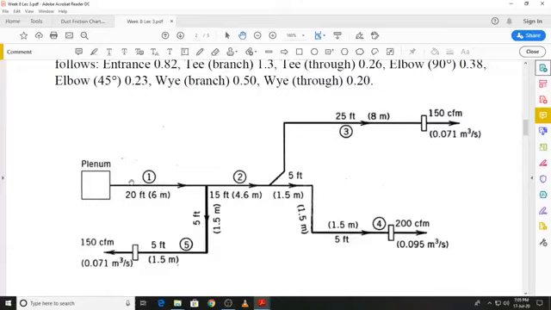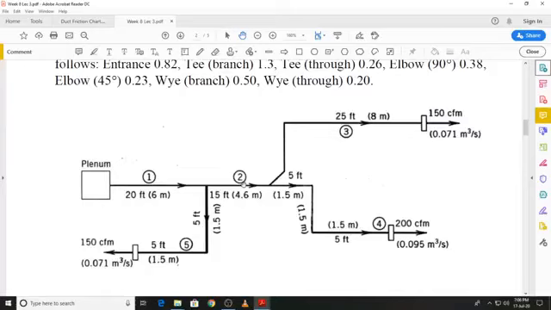For example, if you move to run 1 2 3, the pressure drops for segment 1, which we went through for run 1 5, will simply be the same as we had got them previously. Similarly, when we have done run 1 2 3 and we want to go to run 1 2 4, the segments 1 and 2 are common to both, and those values which you have already calculated will simply be inserted as they are to calculate the pressure drop in run 1 2 4.